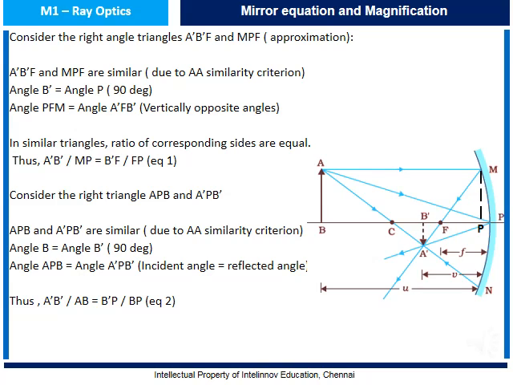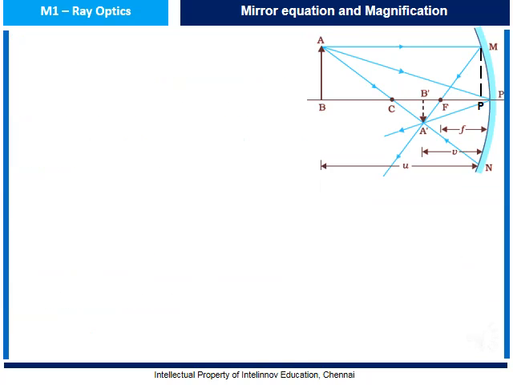From equation 1 and equation 2, we get B dash F by FP equals B dash P by BP. Now we know B dash F by FP equals B dash P by BP.